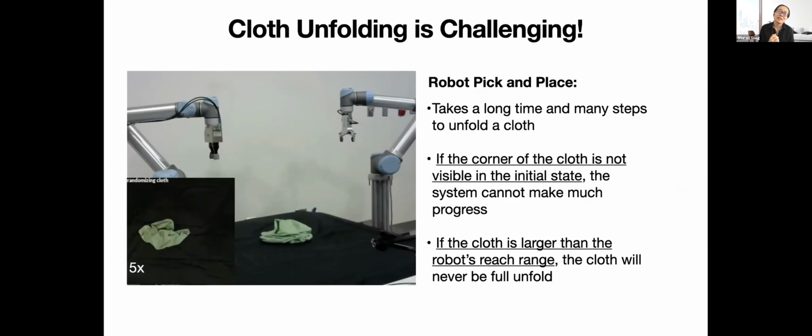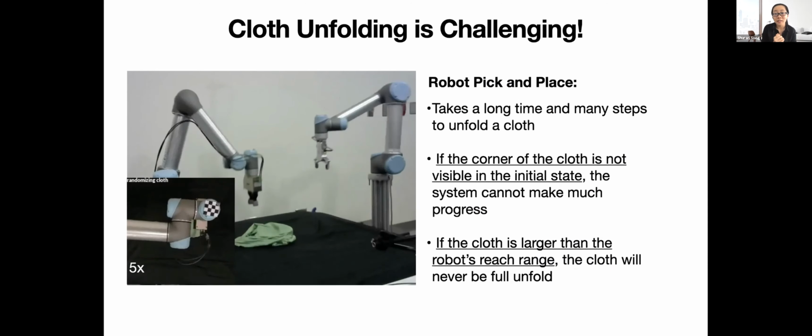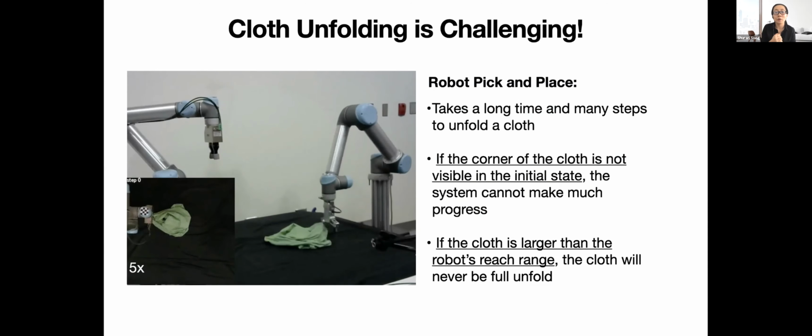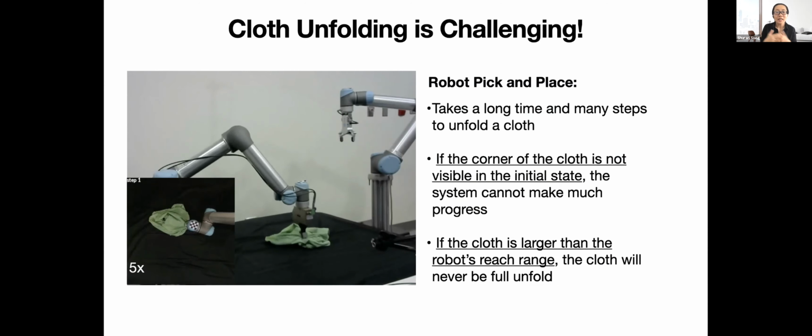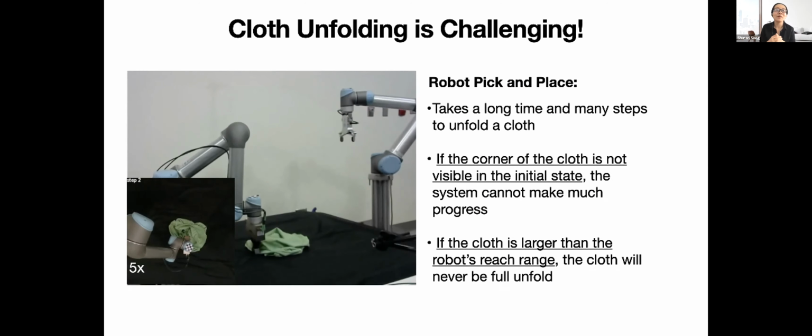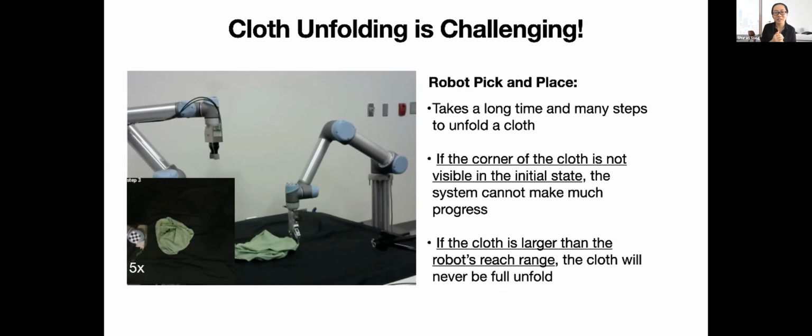However, while the objective is very simple, learning a policy that can effectively unfold an arbitrary cloth is quite challenging. So here are videos of 2 robots that are trained to unfold a t-shirt using only pick and place actions. You can see that it takes a very long time and many steps to make just some small progress.